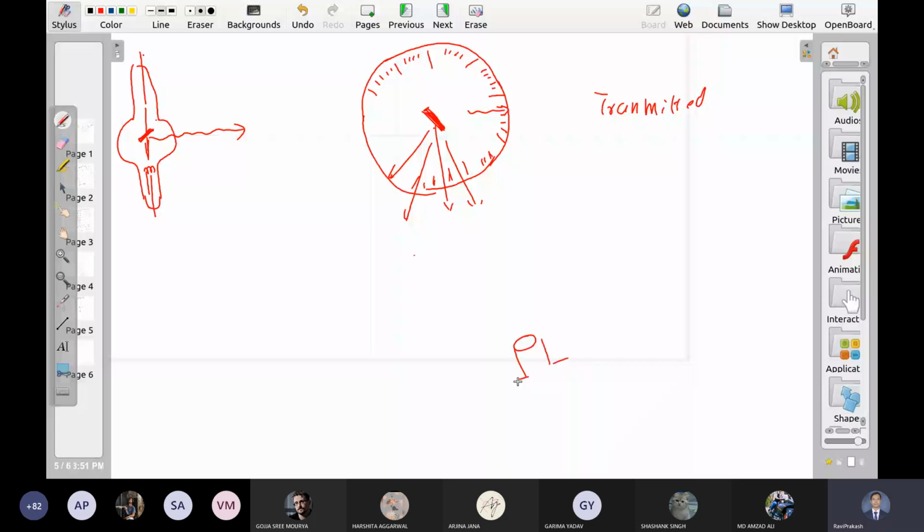Most of the detectors have the same principle. Put a gas inside the detector, a gas which can be ionized by incoming X-ray. Okay. And you put some electric field inside the detector by applying some battery.